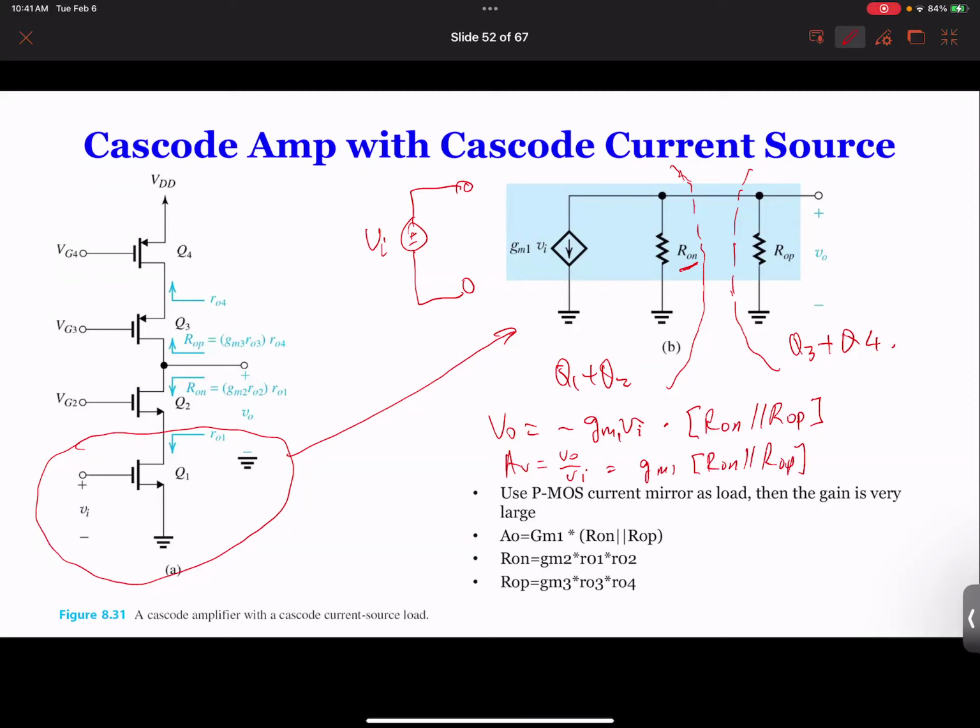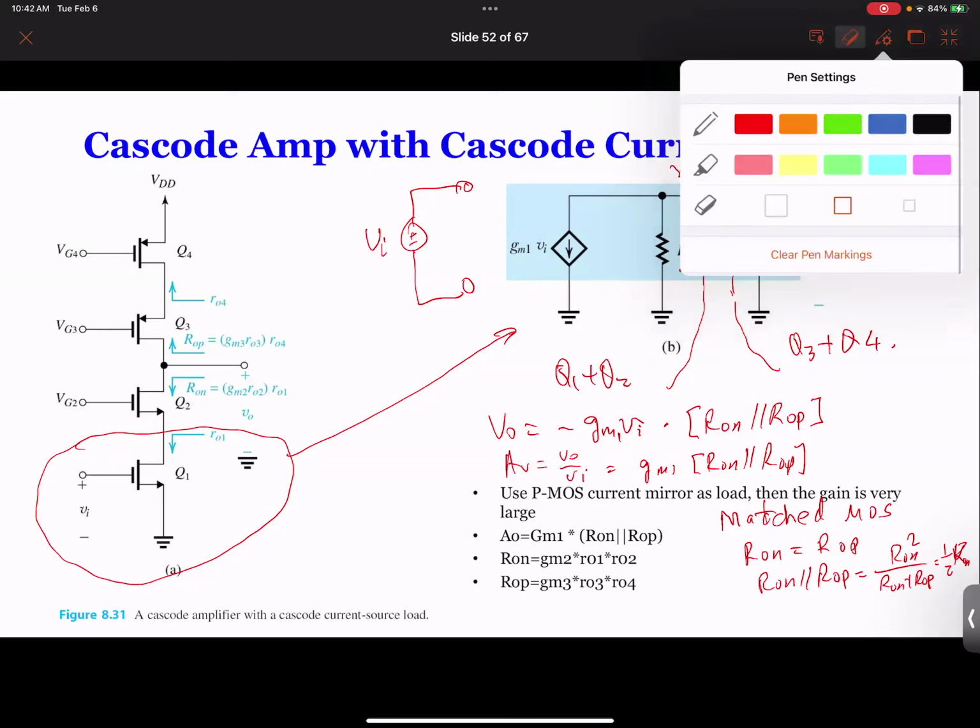Since if we select identical or matched modes, we will likely have RON equal to ROP. Then RON and ROP in parallel will be RON squared over RON plus ROP, which is equivalent to 1/2 RON. Because RON and ROP are the same.